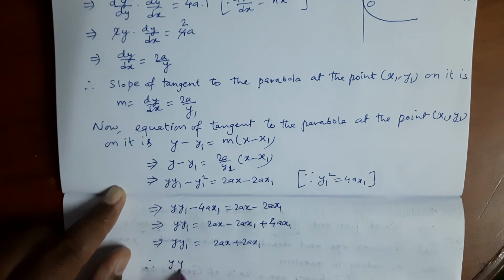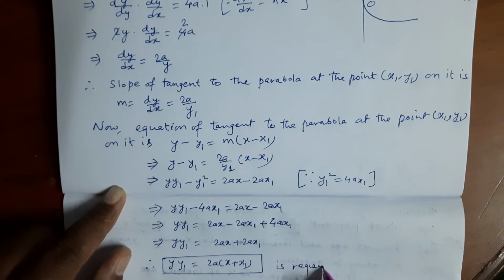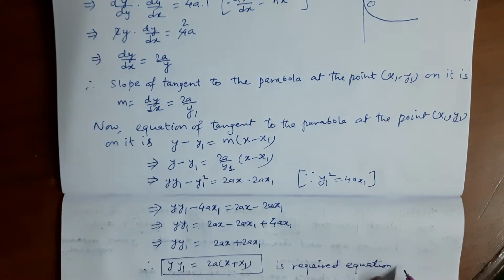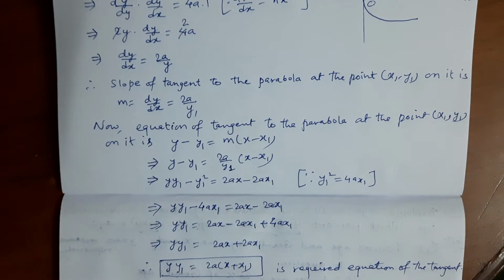Therefore y y1 equals 2a, with 2a common, x plus x1, is the required equation of the tangent to the parabola at the point x1 y1 on the parabola.